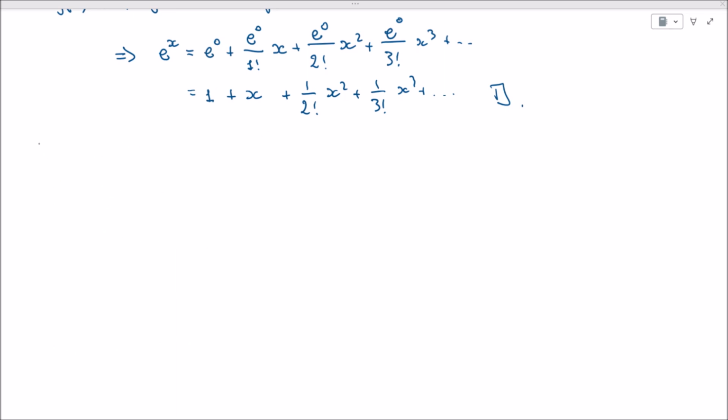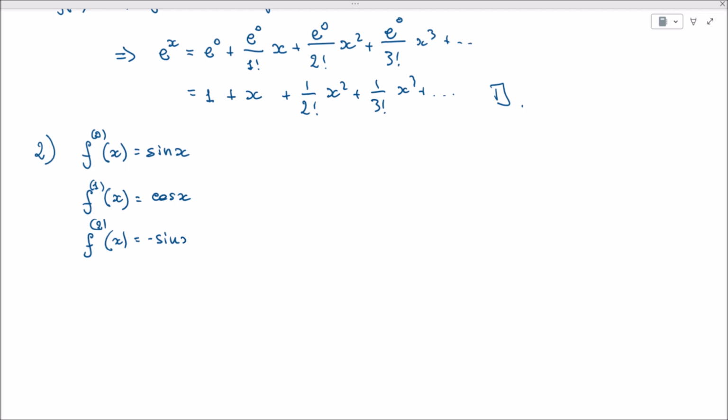Let's now prove the Taylor polynomial of f of x equal to the sine of x. Remember that by convention, f of x is nothing else than the derivative of order 0. If instead we go with the derivative of order 1, we have cosine of x. The derivative of order 2 gives minus sine of x.